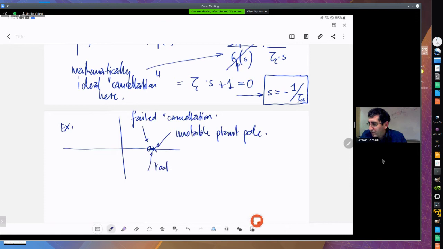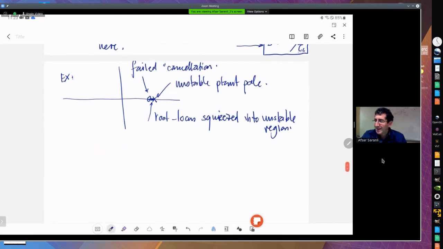Root locus squeezed into unstable region. Okay, so you cannot make this system stable, because for no value of the gain you can obtain a stable system. It's just within this tiny interval in the right half plane that's gonna happen because of a failed cancellation.